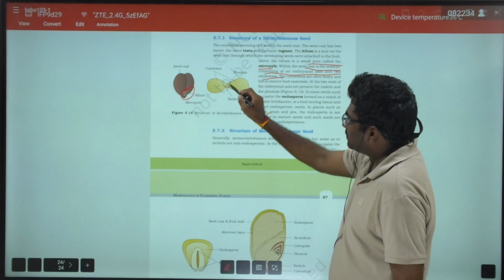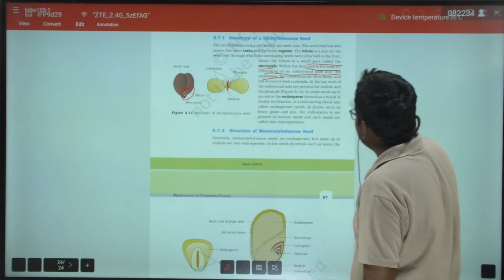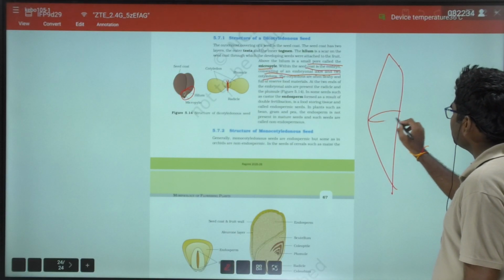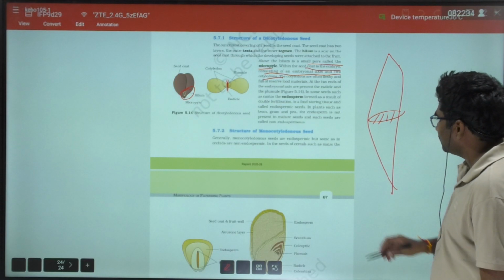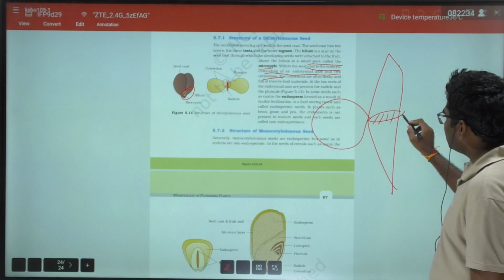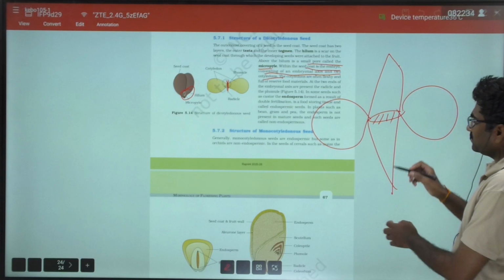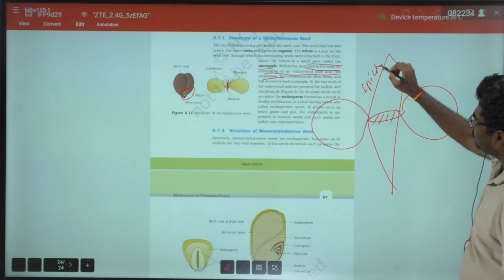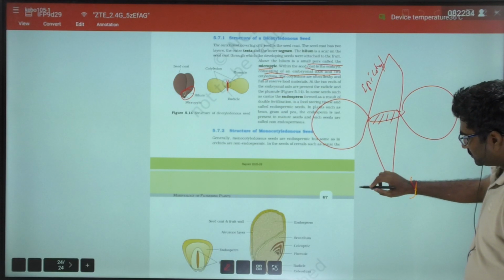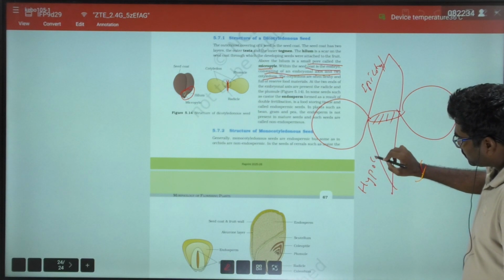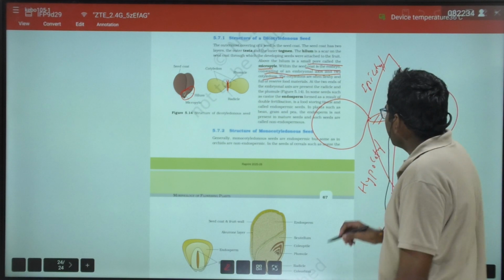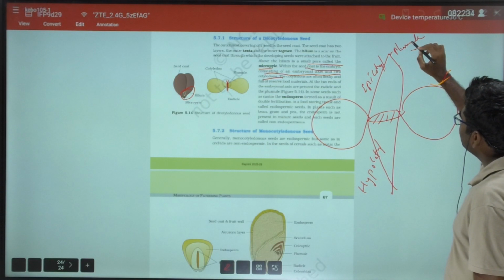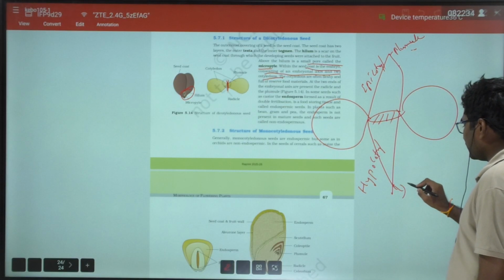Within the seed coat is the embryo consisting of an embryonal axis and two cotyledons. This is the embryonal axis, and this one is the tigellum or cotyledonary node. To this tigellum, two cotyledons are attached, and the portion above the cotyledon is known as the epicotyl, and the portion below the cotyledon is known as the hypocotyl. In the epicotyl, the plumule is present.